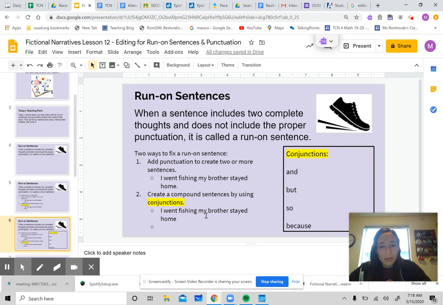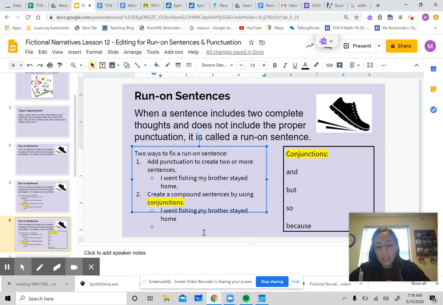Let's look at this example again. I went fishing. My brother stayed home. Now I'm looking at what I can choose from. I might say, but my brother stayed home. I went fishing, but my brother stayed home. That is not a run-on sentence anymore. A cool thing to know is that before we use the word but, we put a comma, and it's hard to see, so give me a second. Then we put a space, but my brother stayed home.